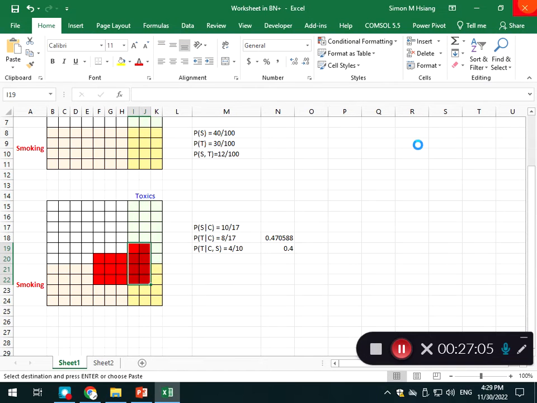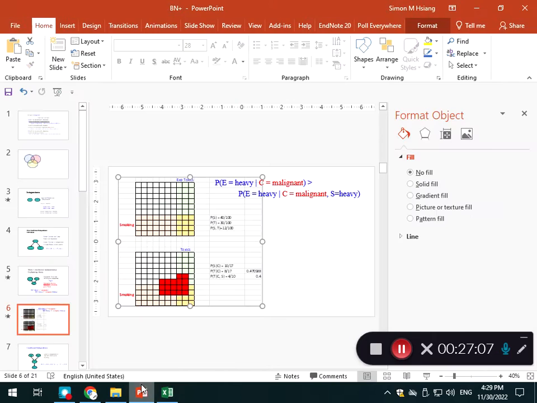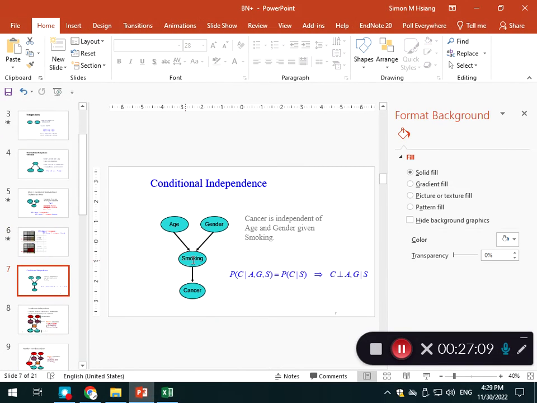Okay? So now let's go back to this. Then conditionally independent becomes cancer is independent of age and gender given smoking. So I don't care what age or what gender you have. If you smoke, you're more likely to have cancer.